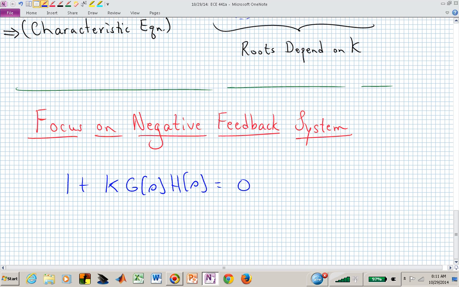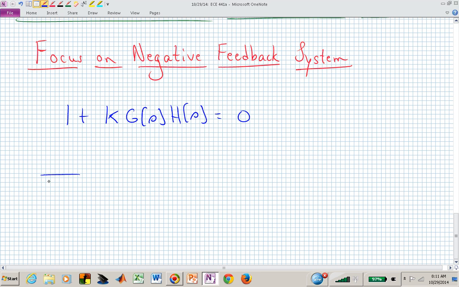If somebody put in a K of 1/2, you could solve this for S and find the roots of this equation. But we could also write this another way. We could subtract 1 from both sides, and that's another way of writing that same equation: K G of S H of S is equal to -1.